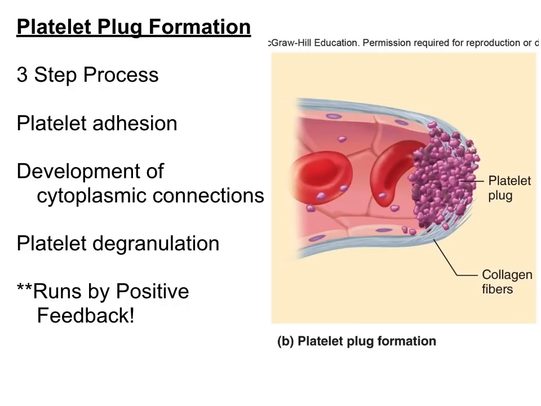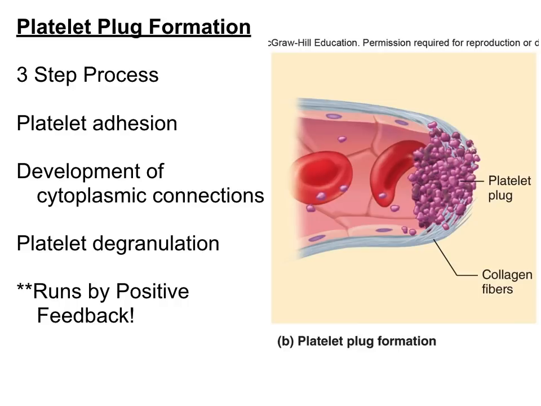However, thanks to vascular spasm and the changes in the endothelium, we have changed this smooth surface that repels platelets into a sticky, tacky one that actually allows us to do the first step of platelet plug formation, which is platelet adhesion. Platelets that are flowing by are going to start attaching to this rough, sticky surface.